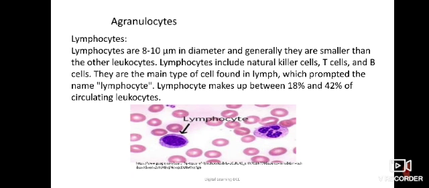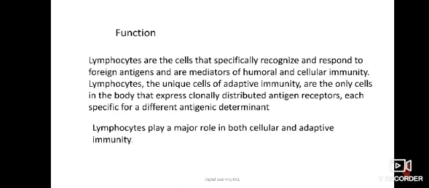Both large and small lymphocytes have the same structure, as you can see here. The picture on the left hand side is the neutrophil. Lymphocytes make up between 18 to 42% of circulating leukocytes.